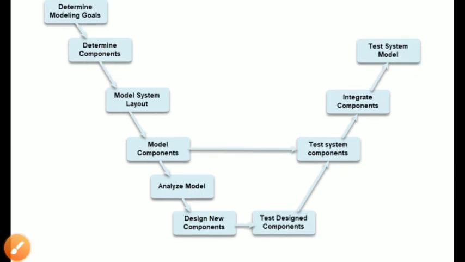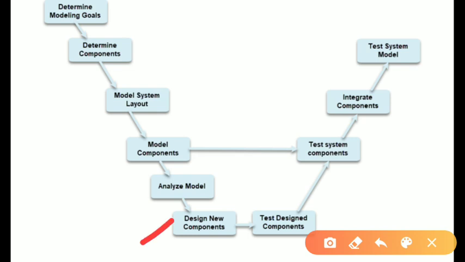Then design new components if required. After that, you have to test the designed components, the newly designed components. Then test the system components. Then integrate the newly designed components and the existing system components.